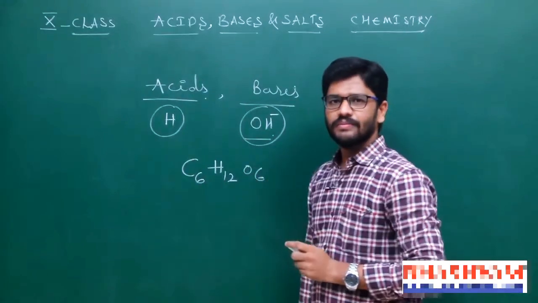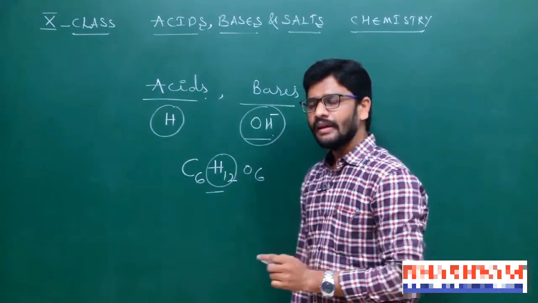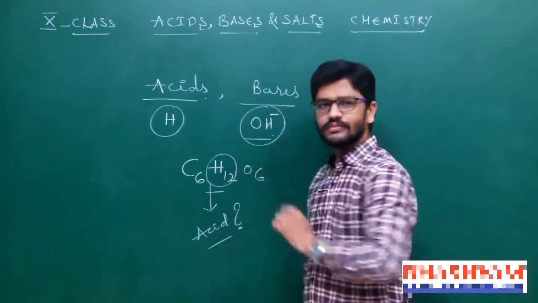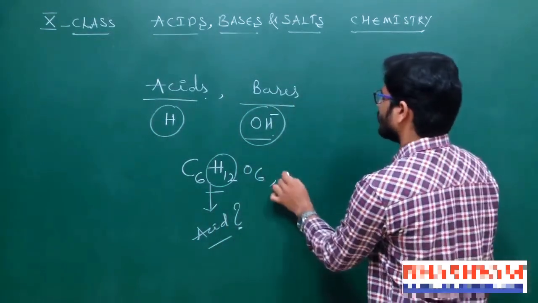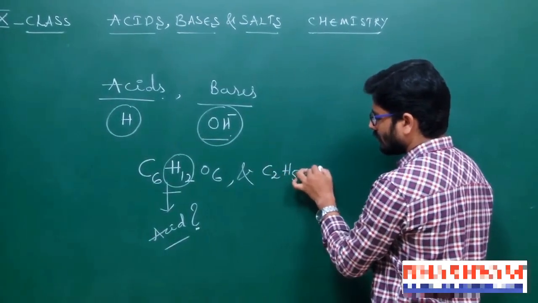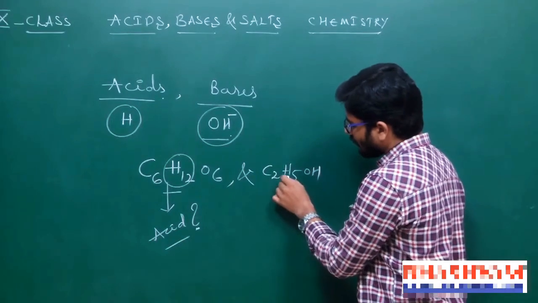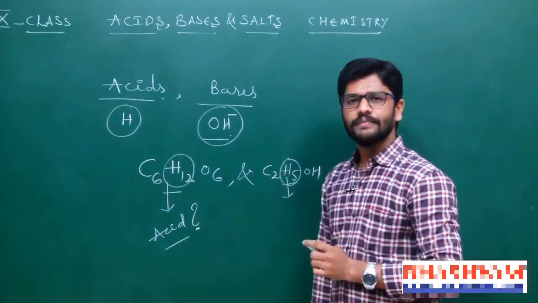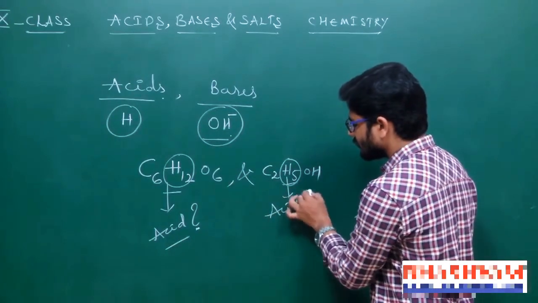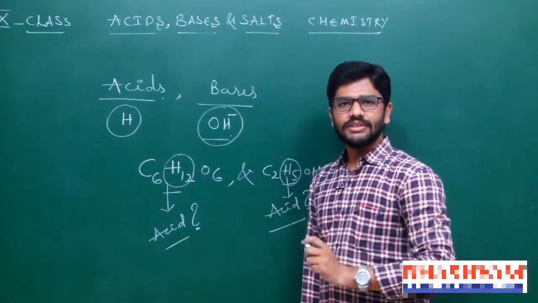In that compound hydrogen is one of the elements, so it might act as an acid. Another example is C2H5OH, alcohol. In alcohol also hydrogen is one of the elements, so this compound might act as an acid. Now we check with a lab activity.